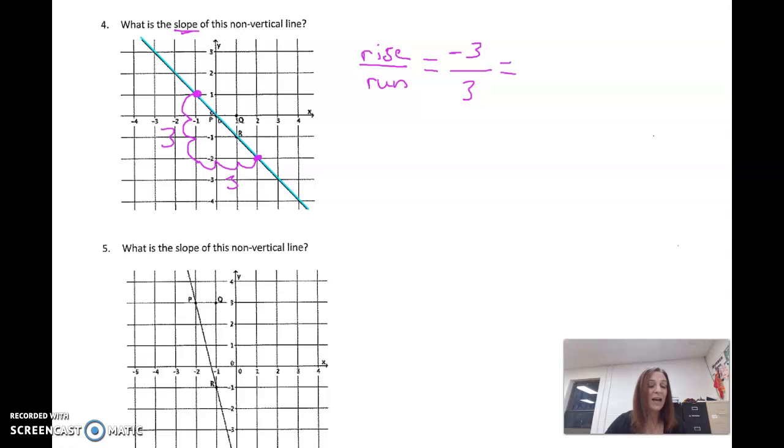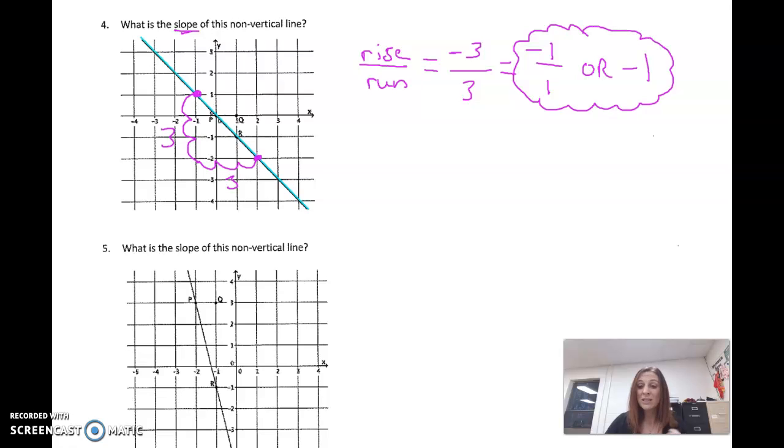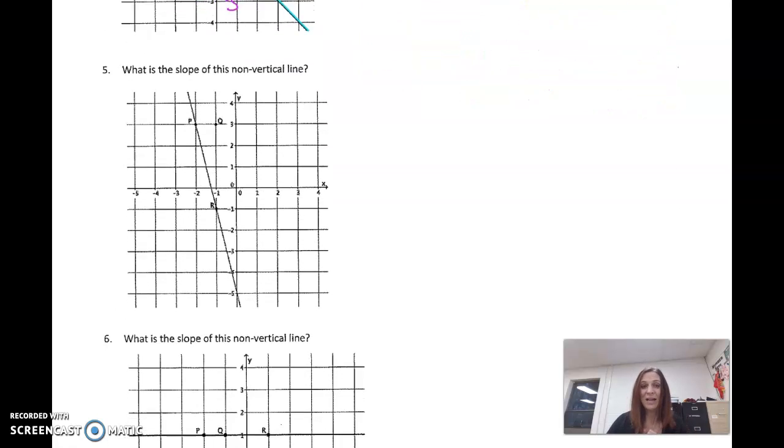Now, if I reduce this, this becomes negative 1 over 1, or just a negative 1. So my slope, the number that represents the slope of this graph, is negative 1. That means it goes down 1 for every 1 it goes over. Okay? Slope is a number. It's going to be negative because the line's going down, but slope is a number describing the steepness of a line.